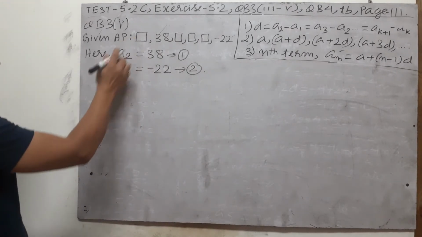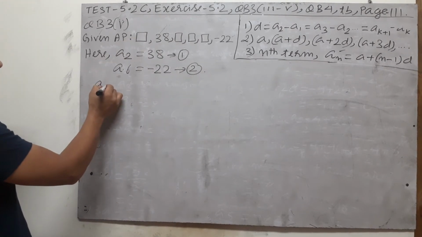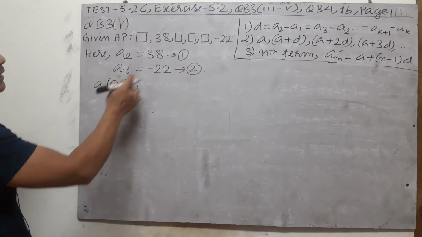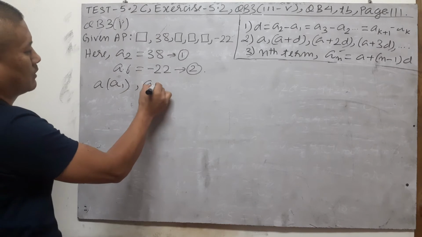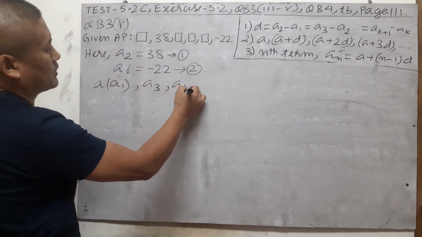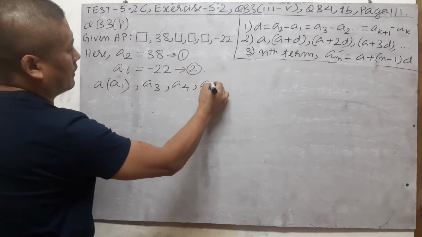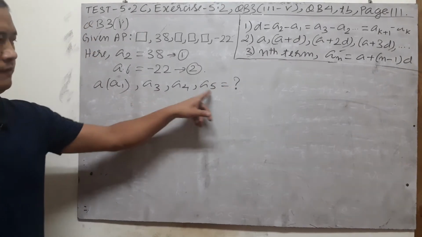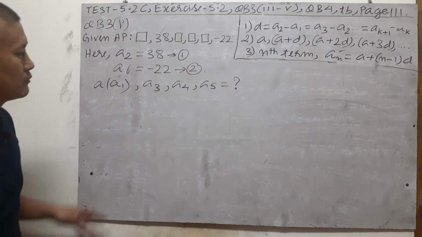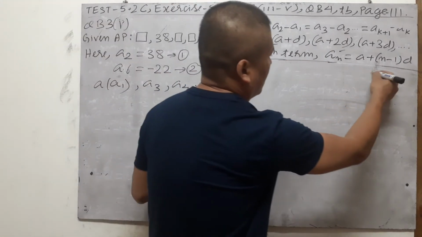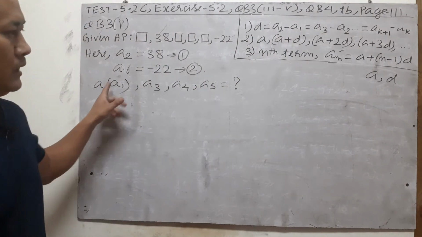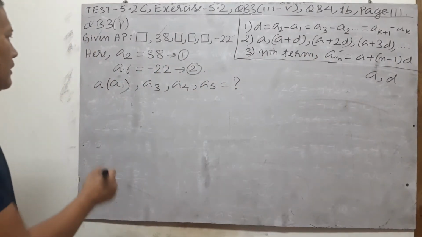And the missing terms are A or A1, whatever you like, A2, A3 missing, A4 missing, A5 missing. So 1, 2, 3, 4 terms missing we have to find. So to find the missing terms, as I said, we have to find A and D. Both are not there. A is not there, D also not there, so we have to find them.